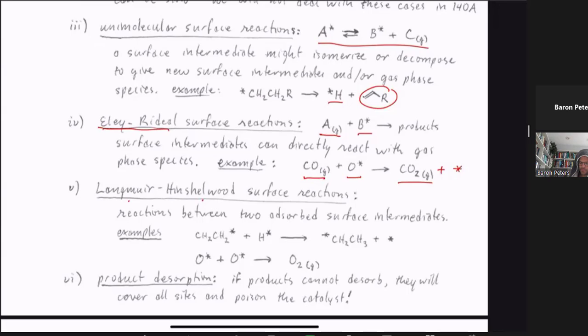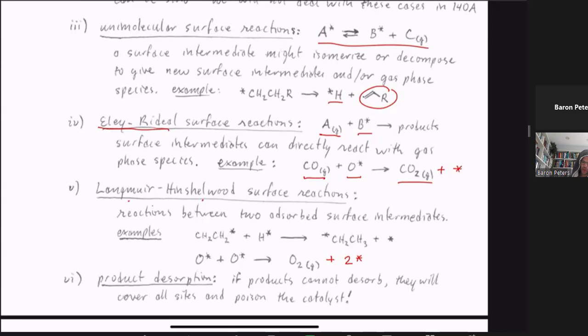But here's an example. Hydrocarbon fragment on the surface and an H atom on the surface, and it's going to react to give me an ethyl fragment and a free site. Another example is two oxygen atoms reacting to liberate O2, and again, I should balance this equation. I free up my two sites again when I do that. Okay, don't forget species, even when there's just a free open site there.